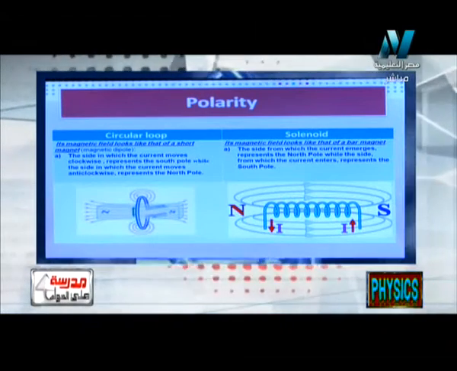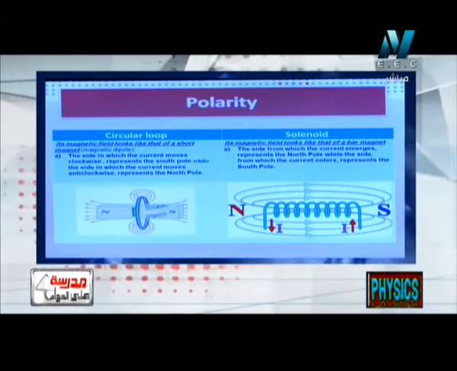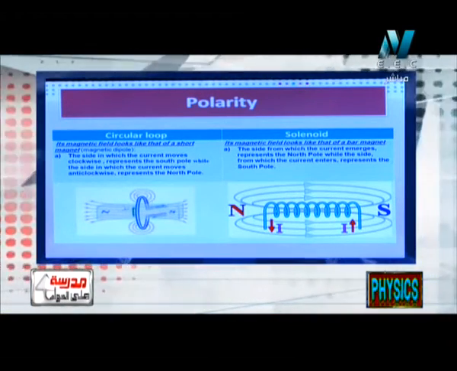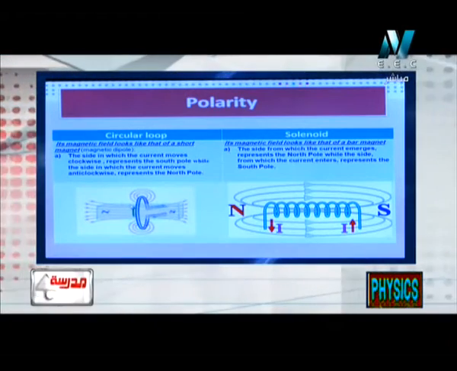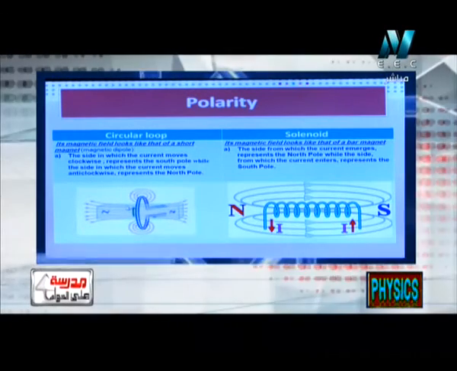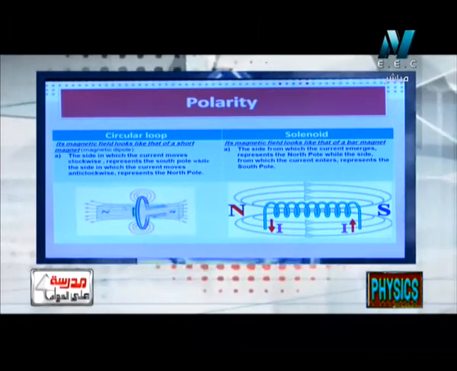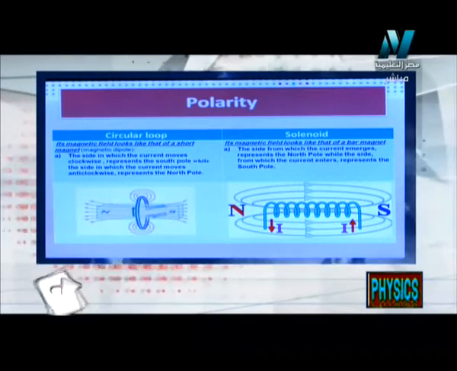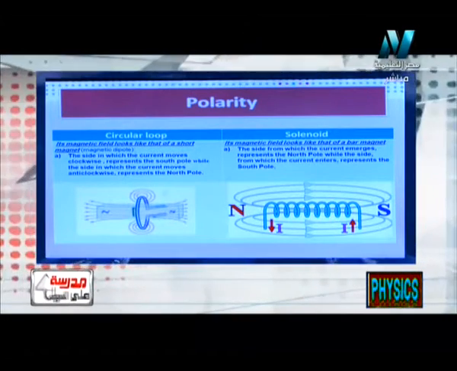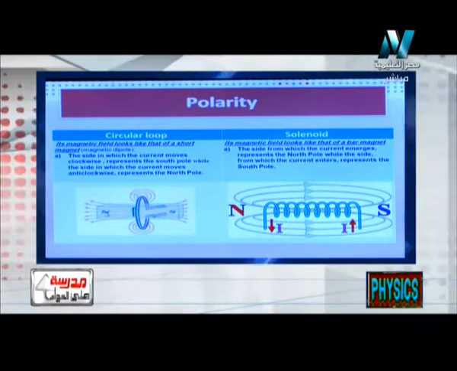Then here, when we are talking about the circular loop, we can see from the shape that for the upper part, the current will move anti-clockwise, so it represents north.